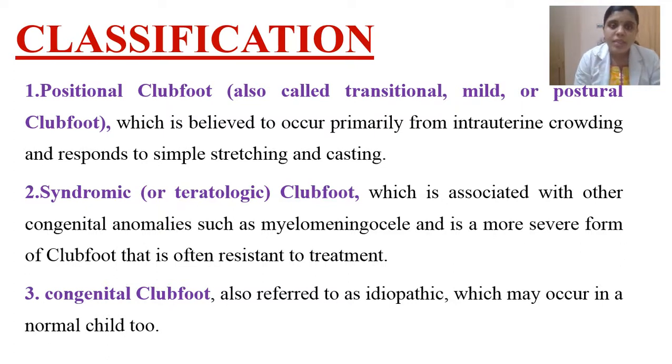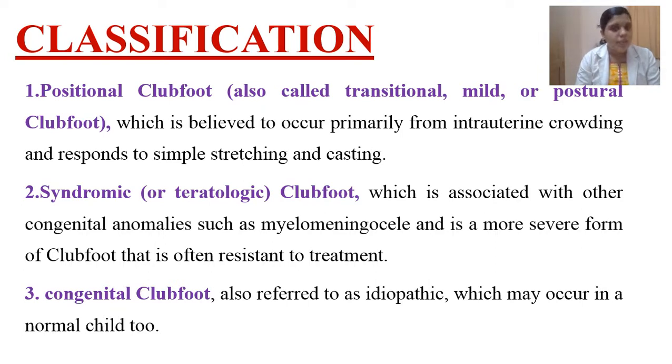The third one is congenital clubfoot, which is idiopathic. We don't know the exact reason, and it can happen to a normal child also. Understand? So these are the three classifications: positional clubfoot, syndromic clubfoot, and congenital clubfoot. The congenital clubfoot is further classified.